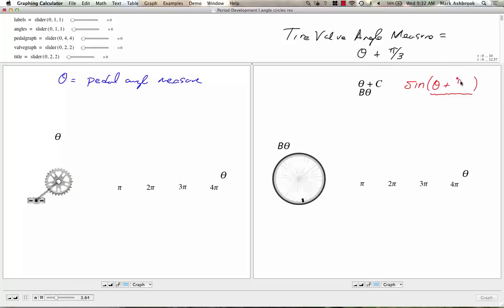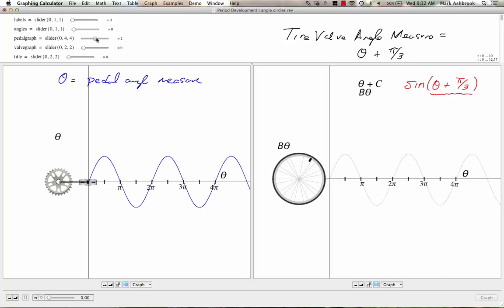And what do we say? Is it coming ahead or behind? It's coming ahead. All right, so here's our pedal angle measure sine curve, right? Period is 2 pi, 2 rotations, 4 pi.